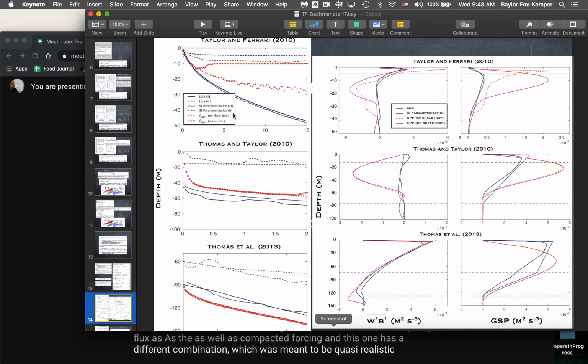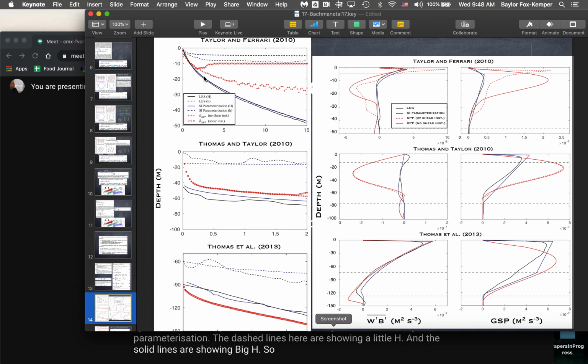The red lines here are showing what KPP does, so just 1D mixing without thinking about the front being there at all. The black line is a large eddy simulation resolving symmetric instability, and the blue line is the symmetric instability parameterization. The dashed lines here are showing little h, and the solid lines are showing big H.